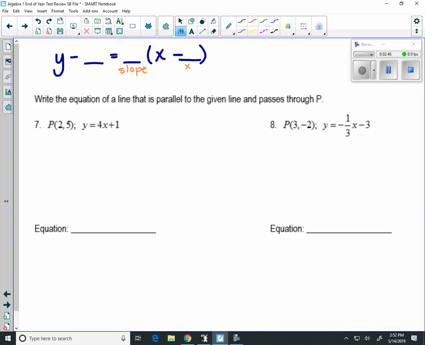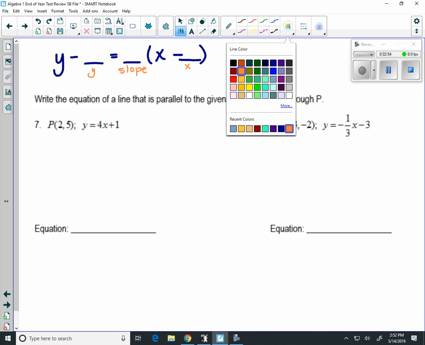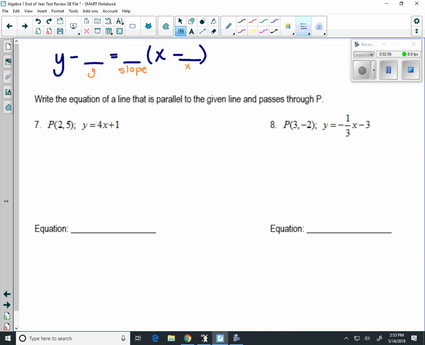An x coordinate goes next to our x, and a y coordinate goes next to our y. So I like to start out by identifying the slope that I'm going to use. If we want a parallel line, we're going to use the same slope.